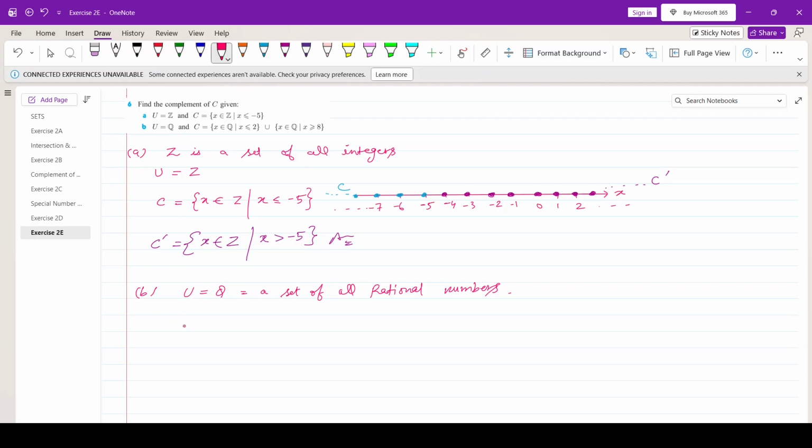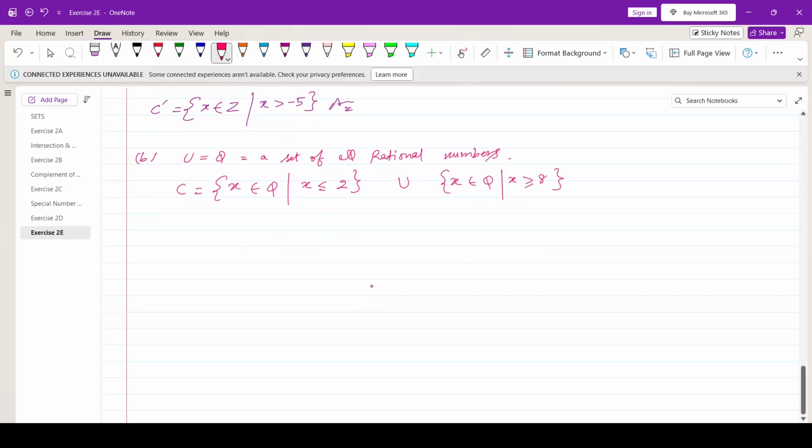And C is a set of all x such that x is a rational number less than or equal to 2, union a set of all x such that x is a rational number greater than or equal to 8.